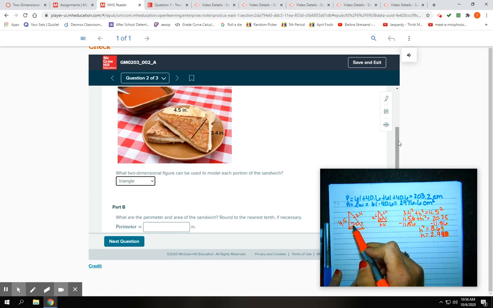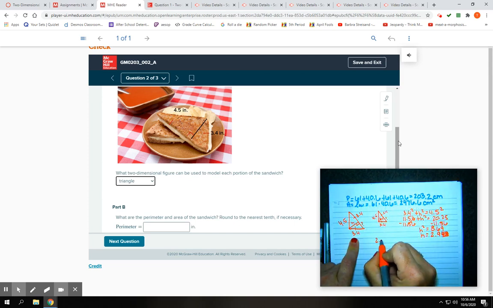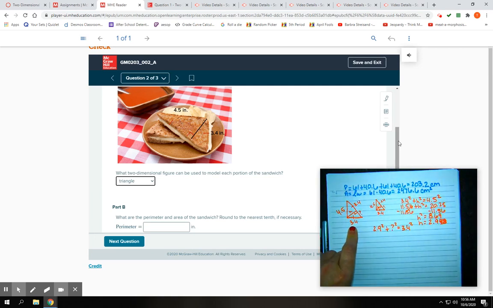Now I can use 2.9 and 3.4 to find my question mark, right? Because the 2.9, which goes right here, plus my question mark squared has to be 3.4 squared. I know my 2.9 squared, that's my 8.69. 3.4 squared, that was 11.56.